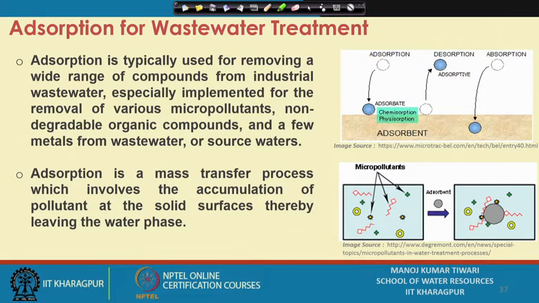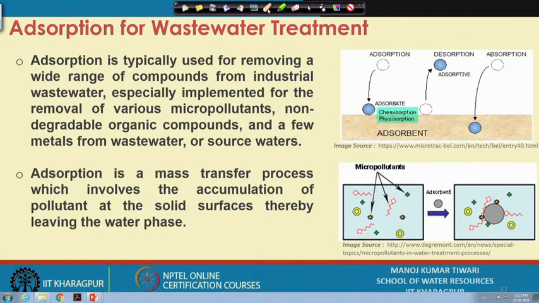It can be used for water treatment as well. It is simply a mass transfer approach where the particles accumulate onto a solid surface and thereby leave the water phase.